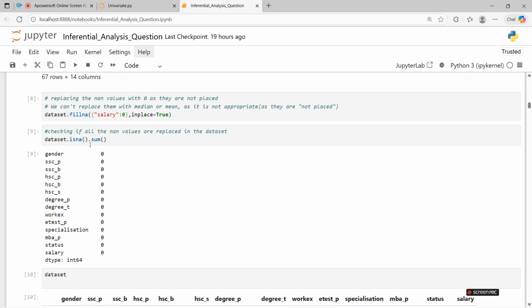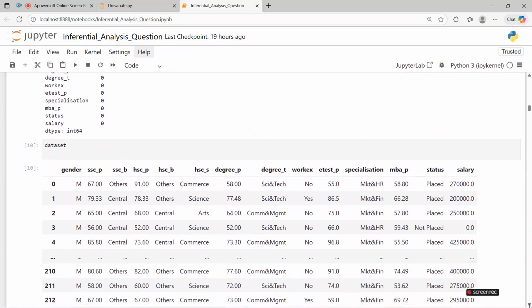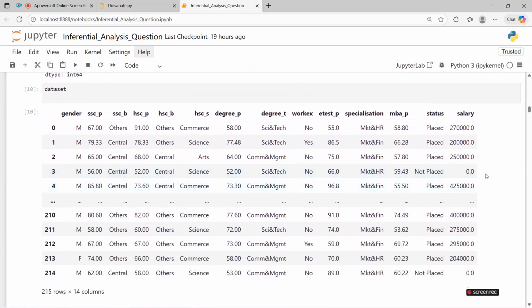So now once again we are checking whether NaN values are replaced properly in the dataset or not and we can see all the columns have 0 NaN values. Next we are printing the dataset out and we are seeing that wherever we had NaN values in the salary column, 0 is replaced here.